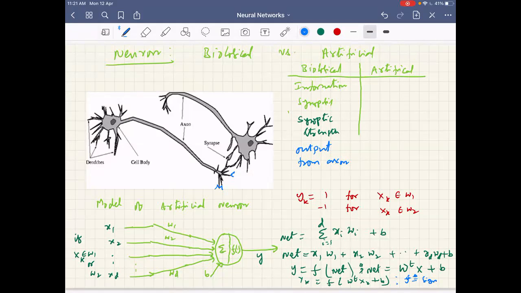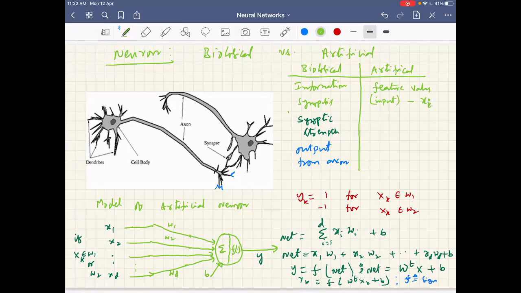Yes, sir. Right. So now let us bring in the artificial neuron. What do these map to? The first one is information from synapses. This maps to what in the artificial neuron? Feature values, that is, input features denoted by xk, xi.